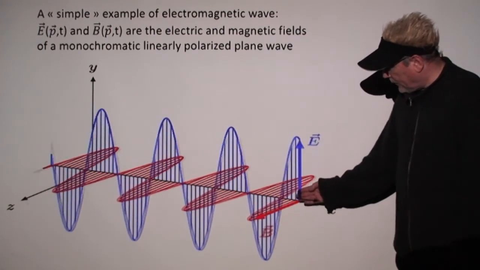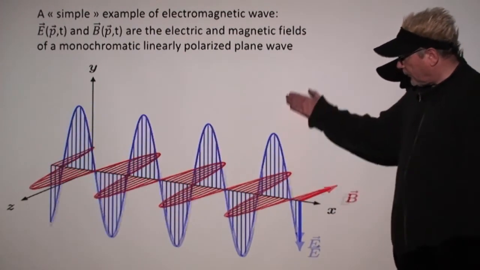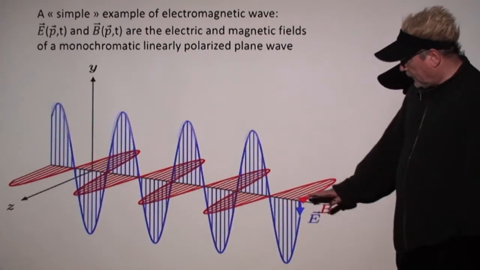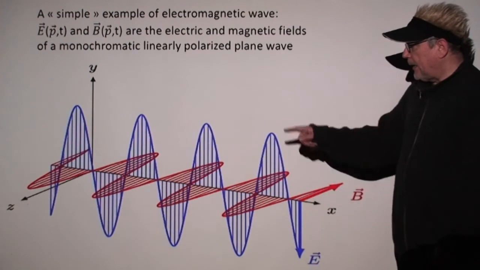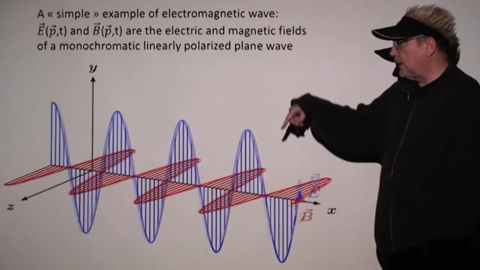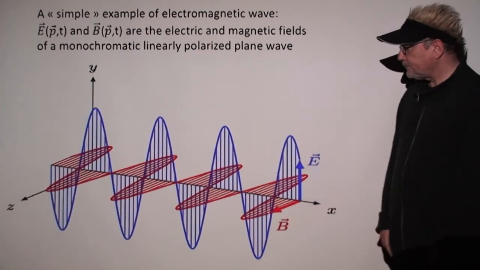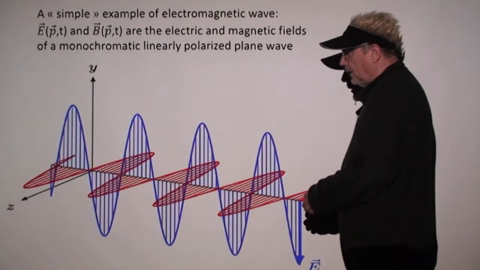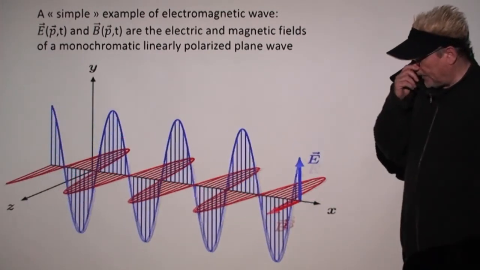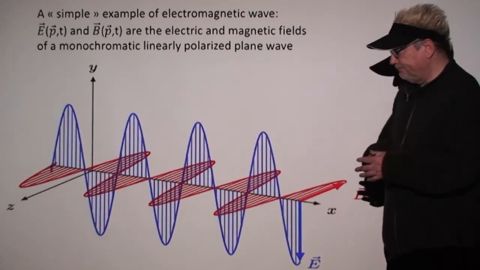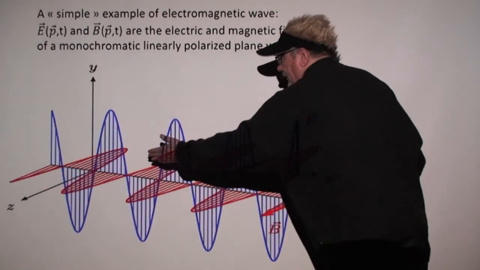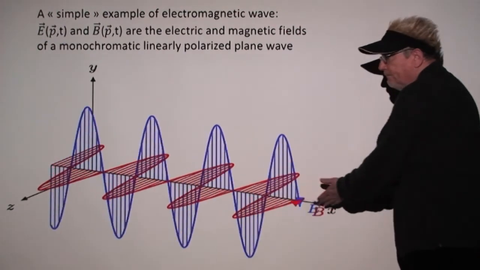Here you can see there is an electric field that goes vertically. There is a magnetic field that goes horizontally like this, and both move like a sine function. They represent an electromagnetic wave or light wave, which is the same thing. And this light wave moves that way.